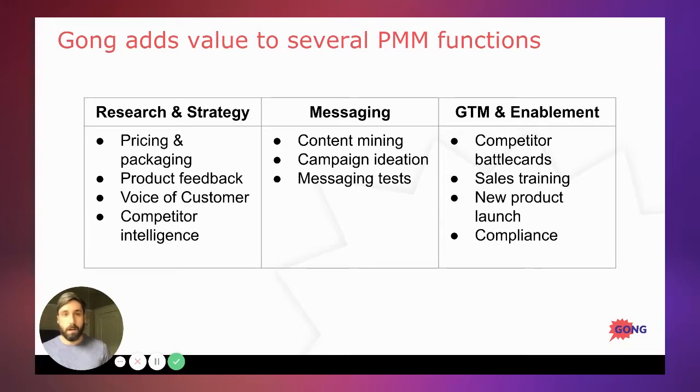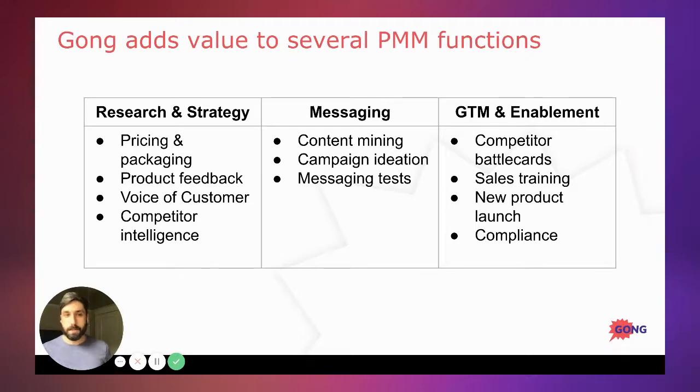And finally, go-to-market and enablement, whether you're looking for intel for competitive battle cards, content to help you with sales training or identify issues that need to be enabled on, or even collect reactions to product launches and to test messaging compliance.